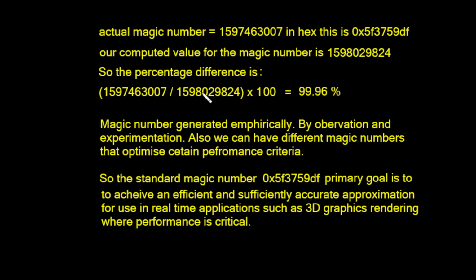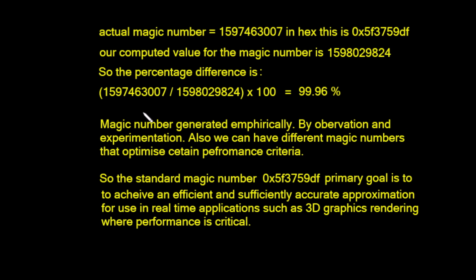Now the magic number that we actually see here was generated empirically. So really by observation and experimentation. Also, you can generate particular magic numbers in order to optimize certain performance criteria. Now, I'm not going to get into any detail here.